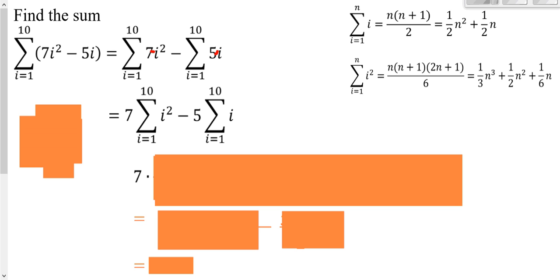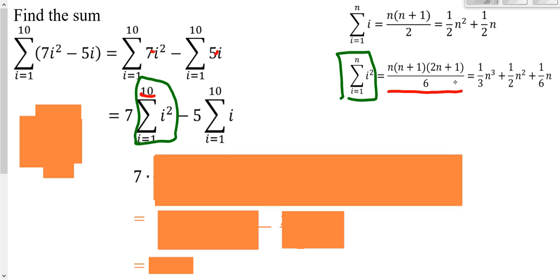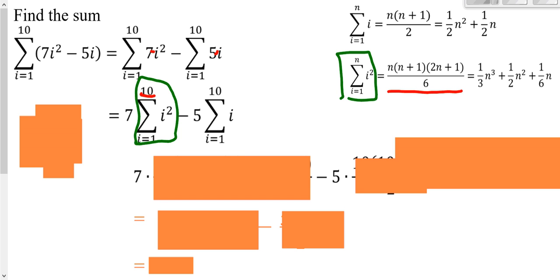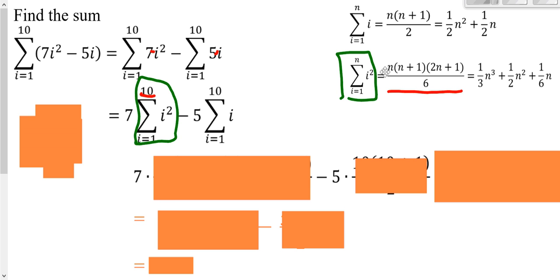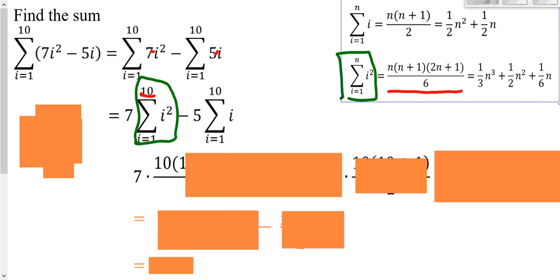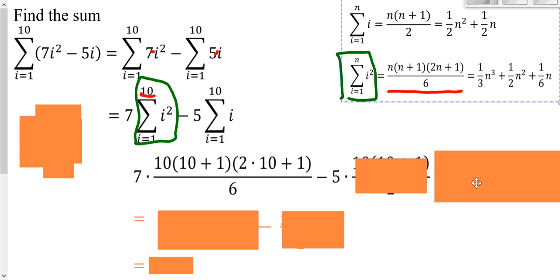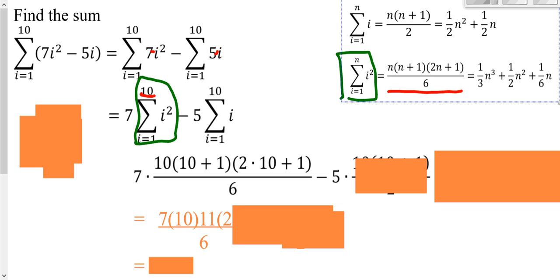Now we have the sum of i squared, which is here. Once again, we know the value of n for this problem, so we're going to use the first formula. And so n would be 10. You plug a 10 here, here, and here. So we get 7 times 10 times 11 times 21.